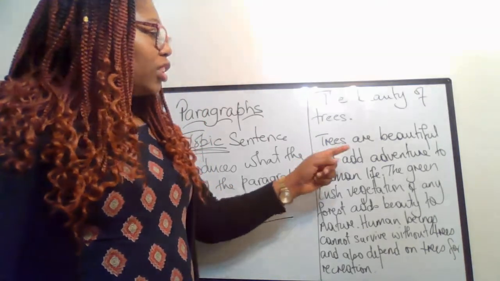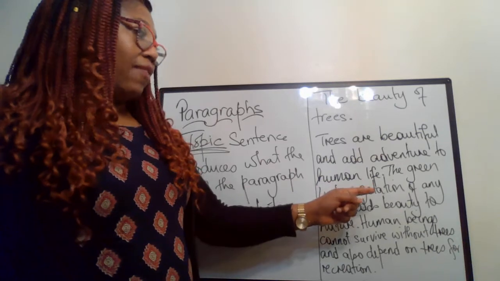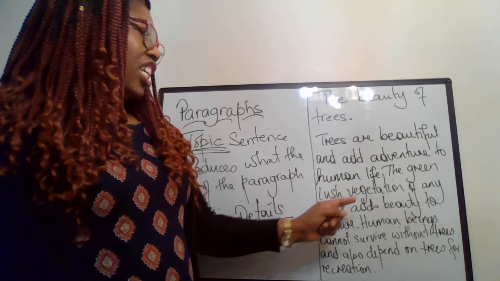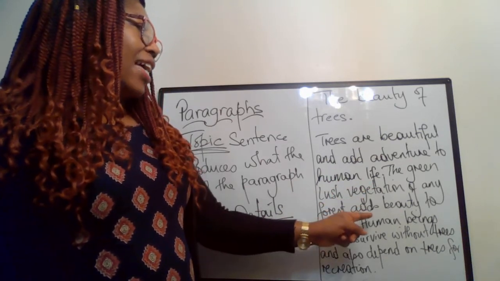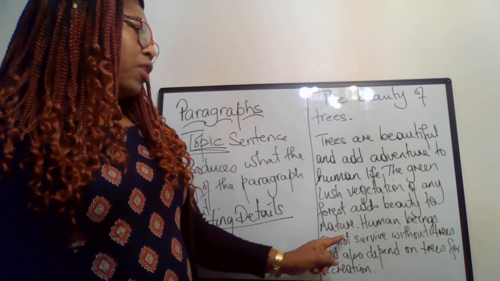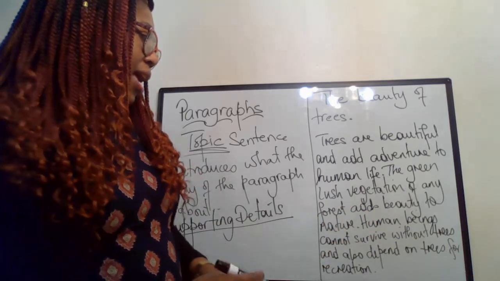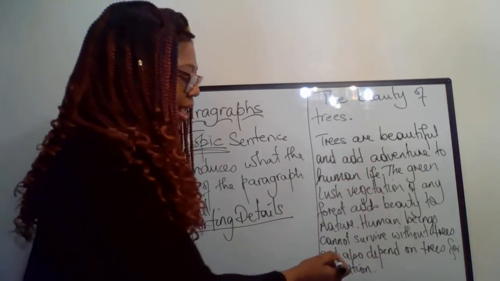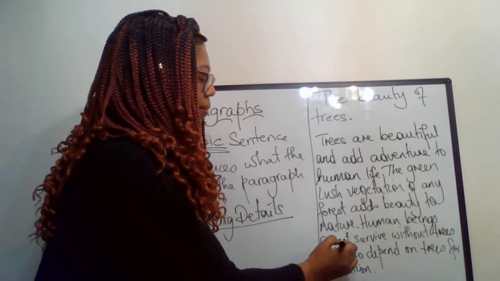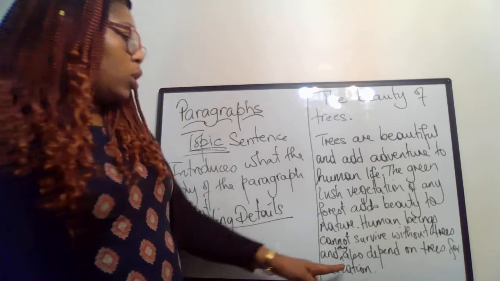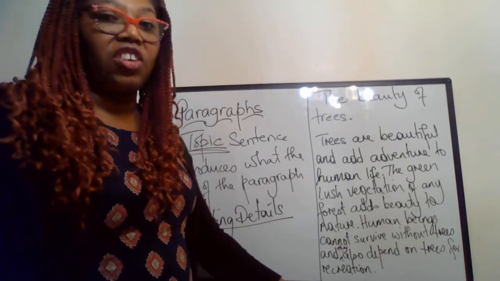All right, so trees are beautiful and add adventure to human life. The green, lush vegetation of any forest adds beauty to nature. Human beings cannot survive without trees. And I should have had they also depend on trees for recreation.